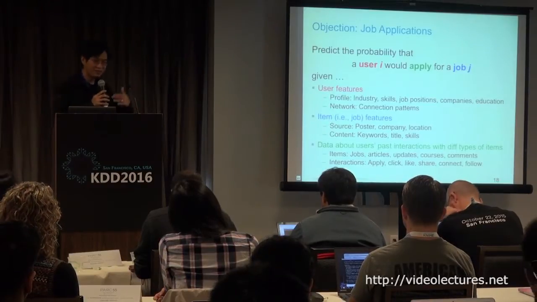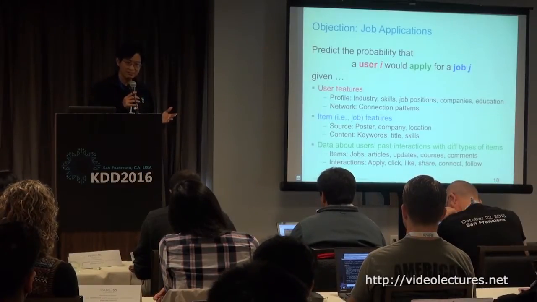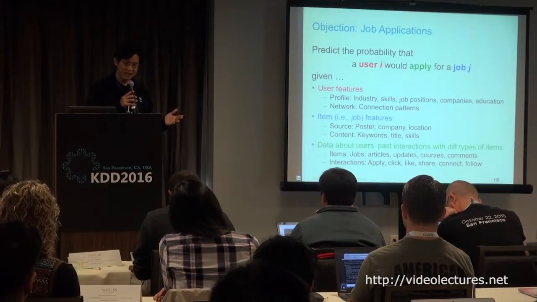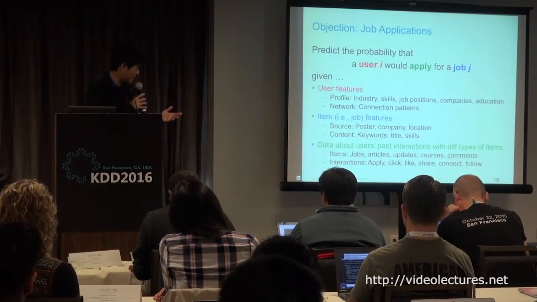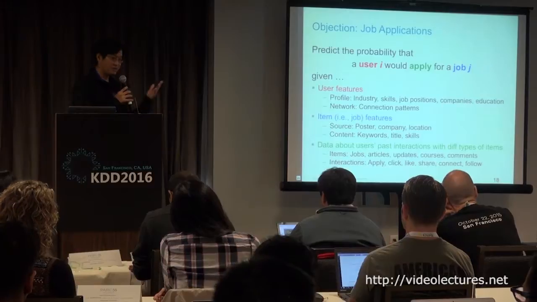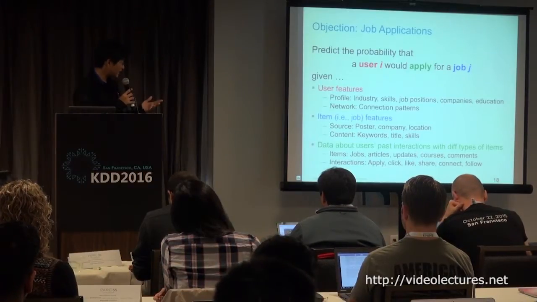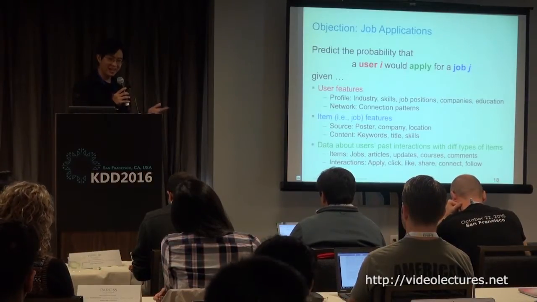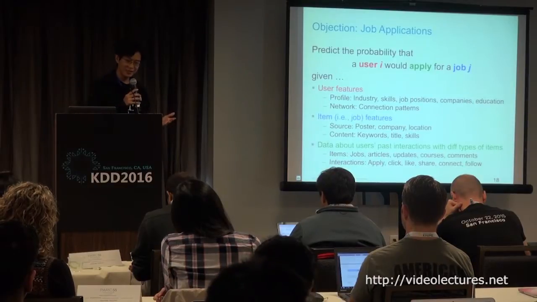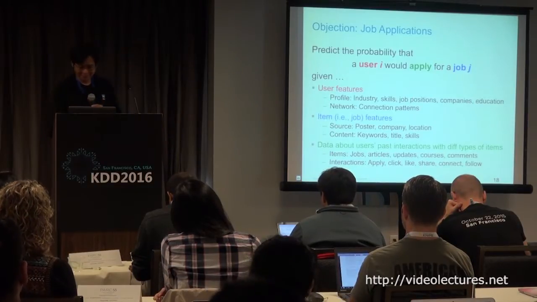There are also many different types of interactions. Job application is one, and a user can also click without applying, and also save the job and like. Currently we don't have a like for jobs, but you can like articles, and that also indicates your potential job interest.